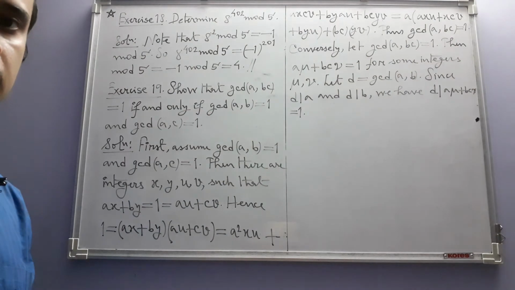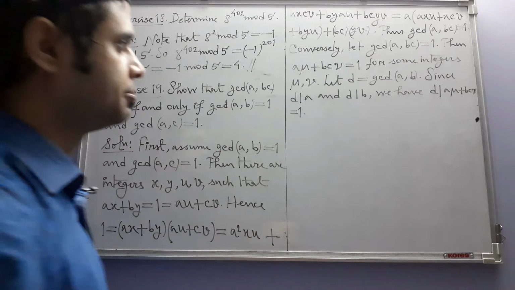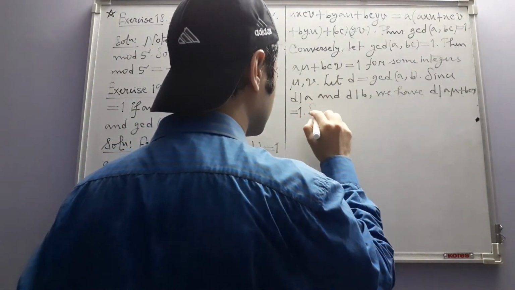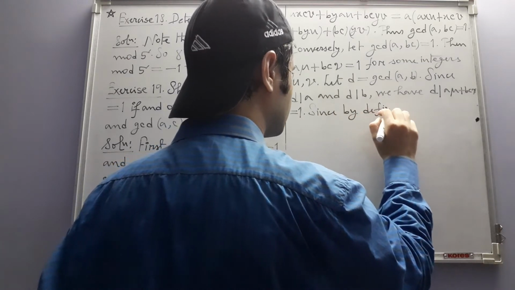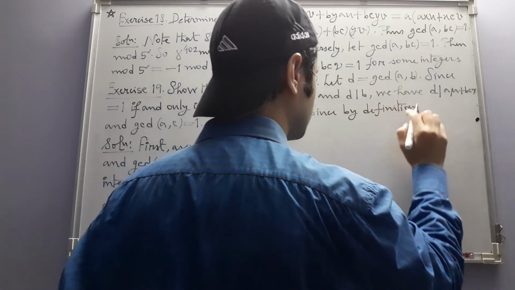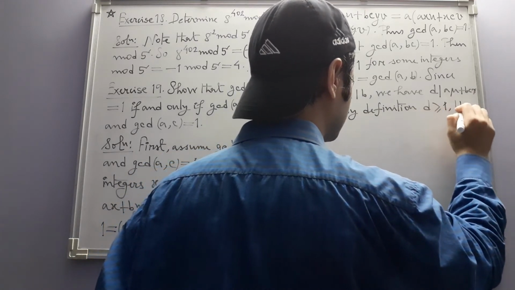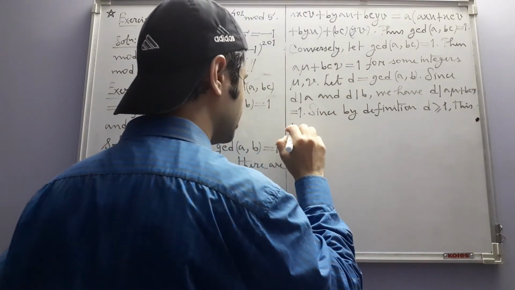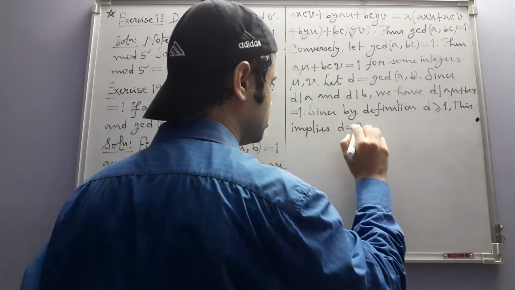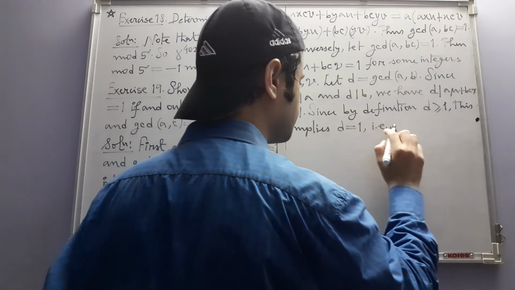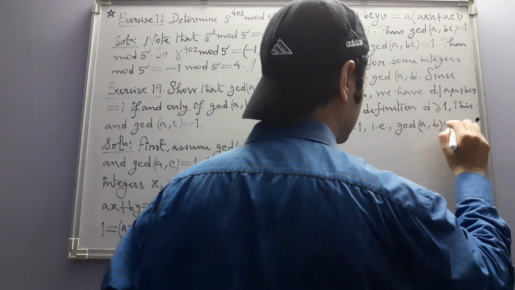Now D is a positive integer that divides 1, so D has to be equal to 1, since by definition D is greater than or equal to 1. This implies D is equal to 1, that is GCD of A and B is 1.